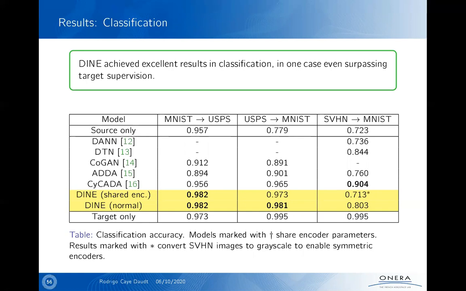But the most interesting thing here is that in the first column, we're able to surpass target-only supervision, if you pay attention to the DYNE method, which is the name we gave to this method. This is interesting because MNIST has more images than USPS, so it's able to overfit less. And this is the ideal situation. You have a domain where you have a lot of data and you're able to learn from it, while the operations that you're learning are transferable to a different use case where you have fewer data to train with.